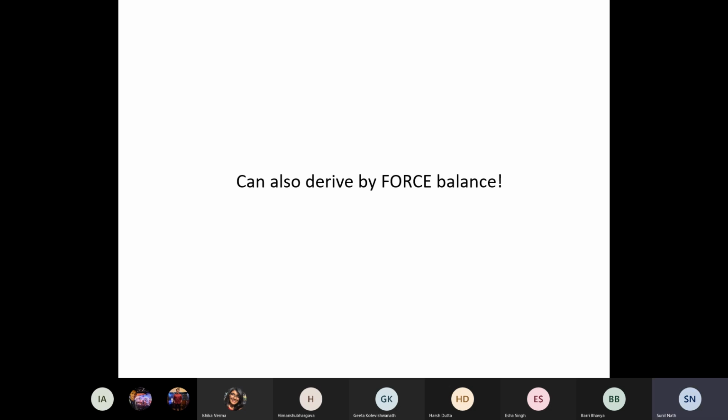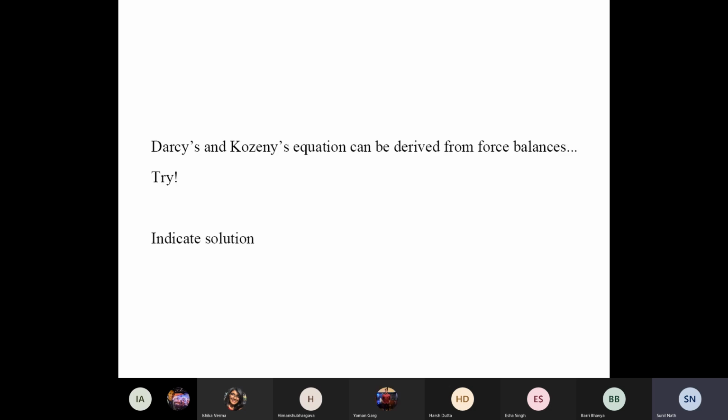That's my question. In other words, next slide: we have to derive this Darcy's and Kozeny's type equation using force balances. I shall indicate the solution, but please think on it right now.